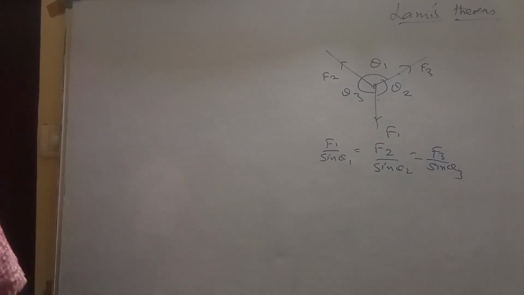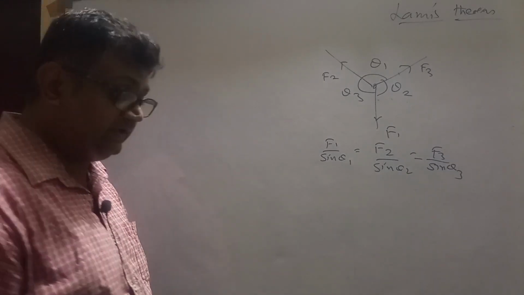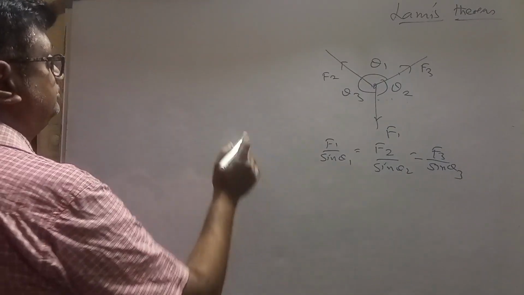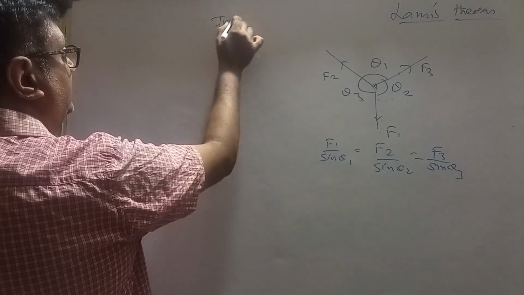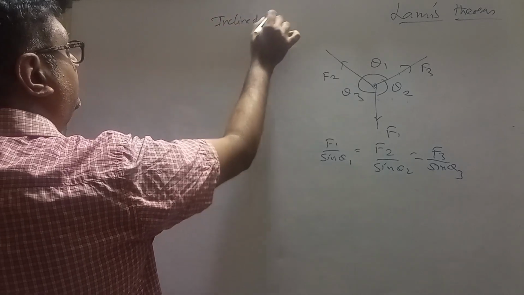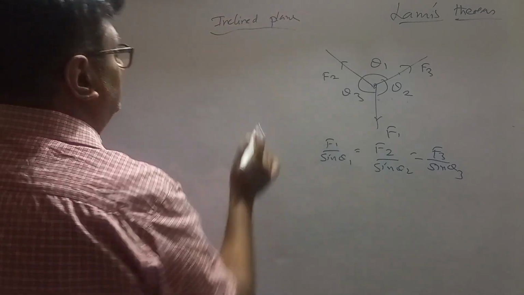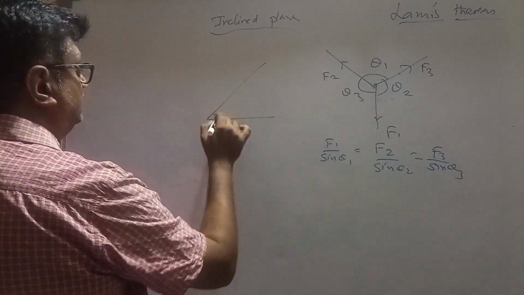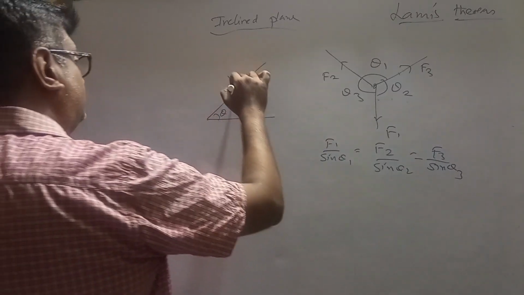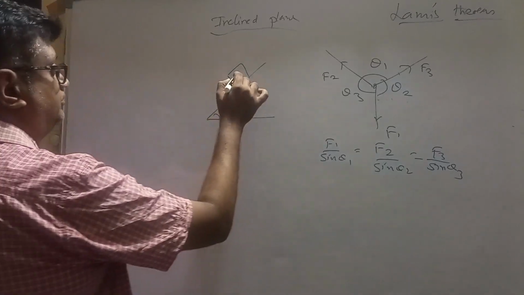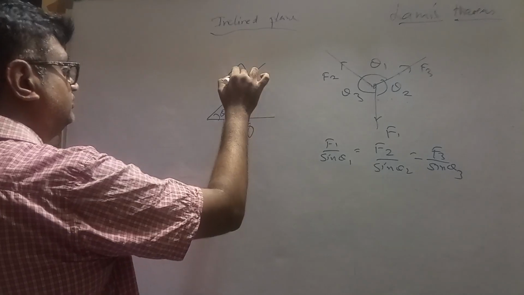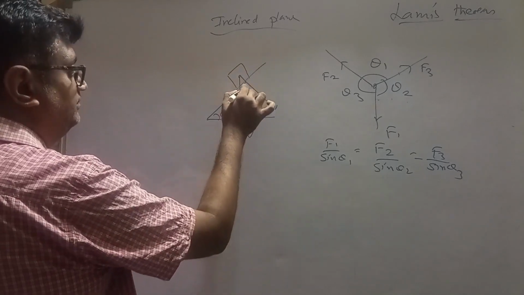Let us have a look at inclined plane problems also. How do we resolve the forces? I am taking an inclined plane making angle theta. There is a block here. What are the forces which act on it? This is mg. Remember this angle will be theta.